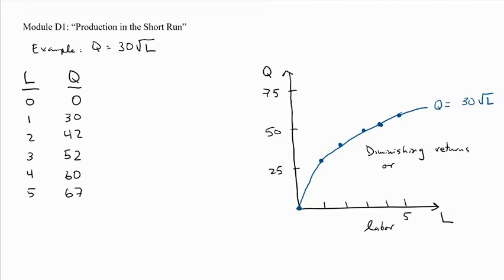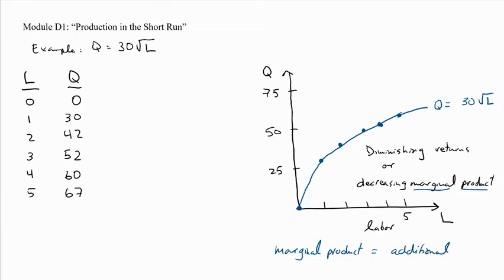We call this diminishing returns, or a decreasing marginal product. Marginal product is the additional output that is produced by one more unit of the input.